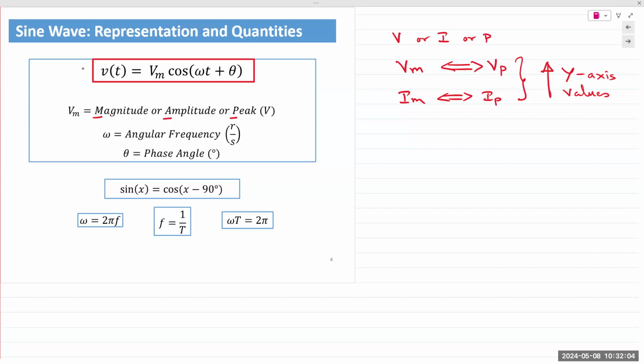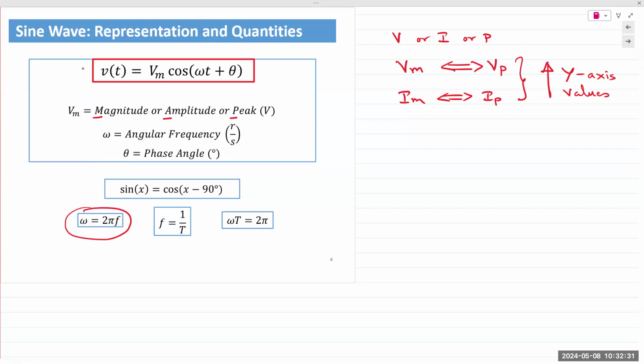Okay, and you'll see that. It's because of mathematical representation. We will use that. Omega, in terms of frequency, is 2 pi f. We will look at all three of these quantities, Vm, omega, and theta, individually on the next 3 slides. So hold off your questions until we get through those 3 slides.